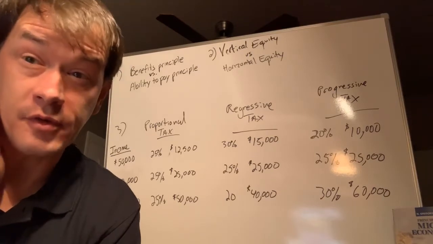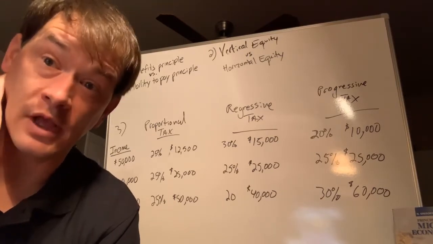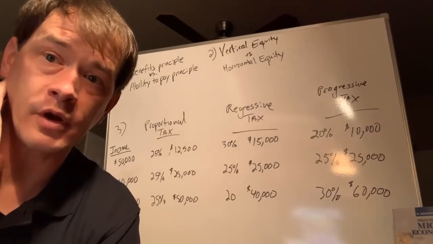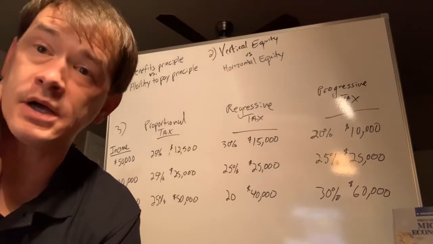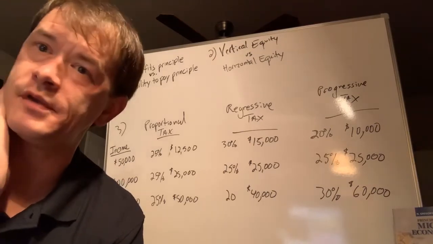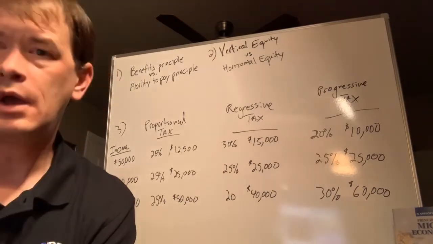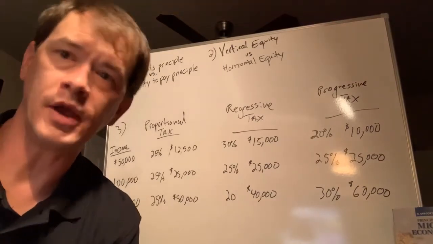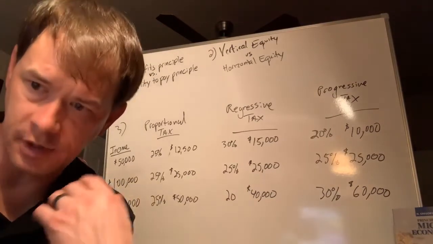Statistically speaking, the person earning $12,000 a year is much more likely to use a 911 service than the one earning $120,000. But if you had a heart attack, I don't care what your income is, I hope the ambulance shows up. So people who earn more pay more. That's the ability to pay principle.